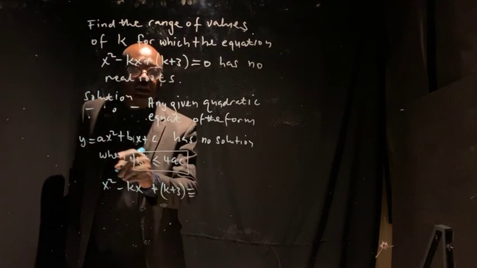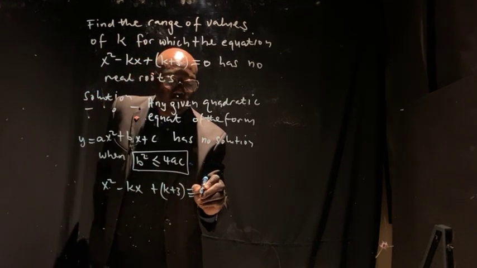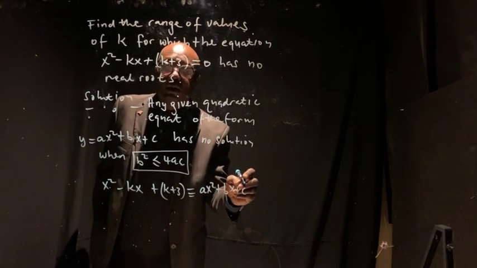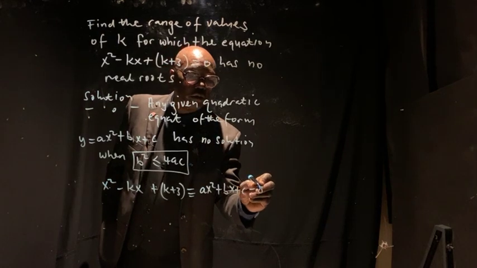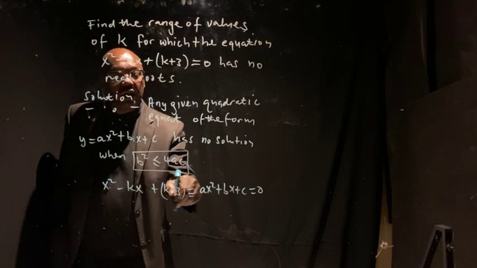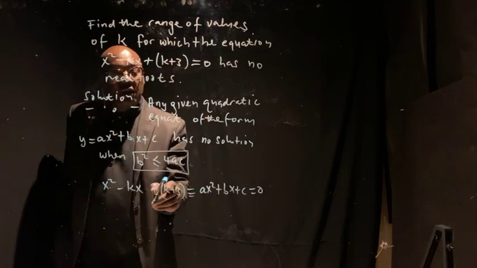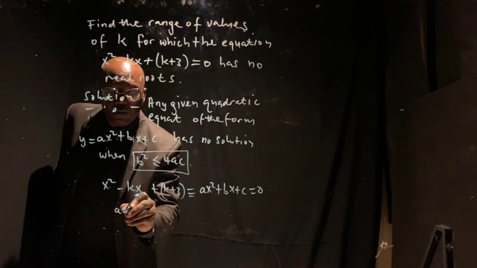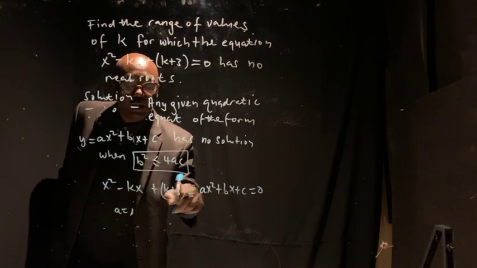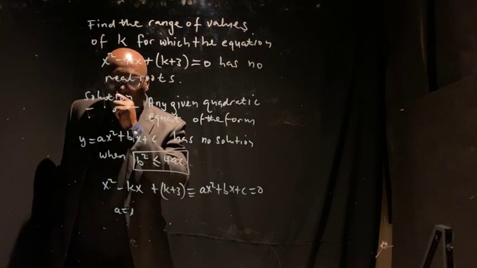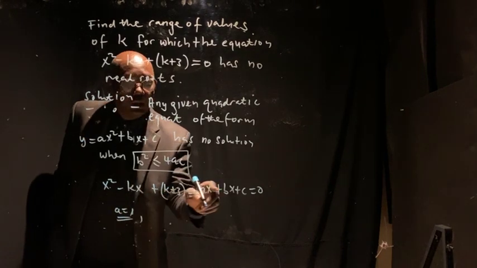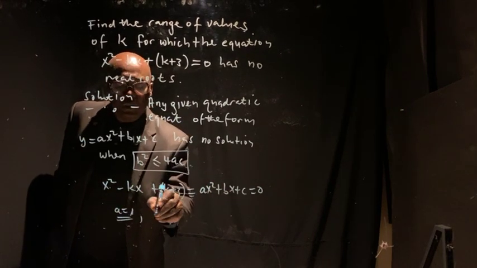Comparatively, if we compare to the general quadratic equation ax squared plus bx plus c equals 0, in which case, comparing the coefficients on both sides, comparing the coefficient of x squared, we see that a equals 1. Then b equals minus k.